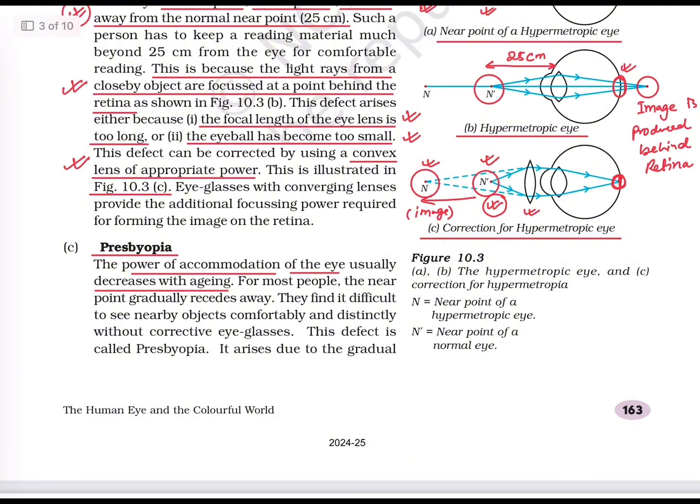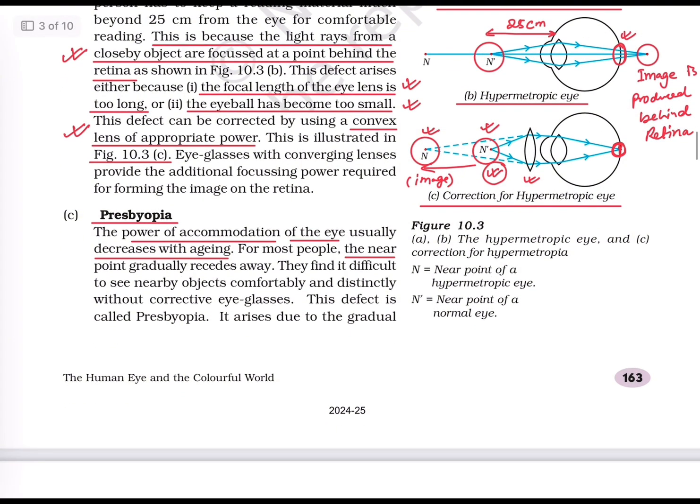So most people suffer this problem, and they are not able to observe near object as well as object which are kept at far distance. This defect is called presbyopia.